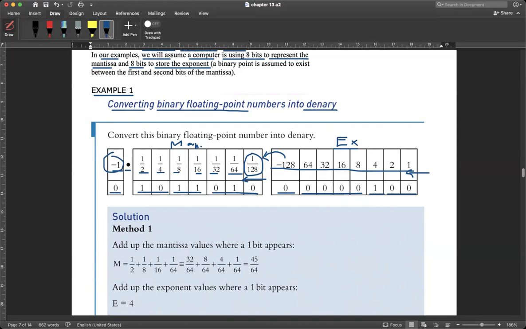Sir, I have a question. Why do we have negative signs in this? Because in these questions, if the first bit is 1, remember I told you in the complements topic that if it is 1, it is a negative number. Do you remember the complement topic? 1's complement, 2's complement.